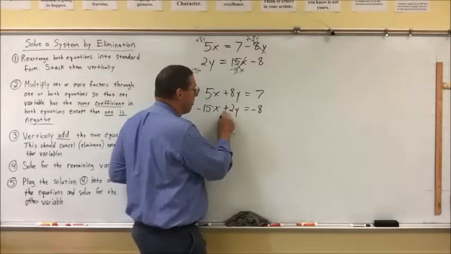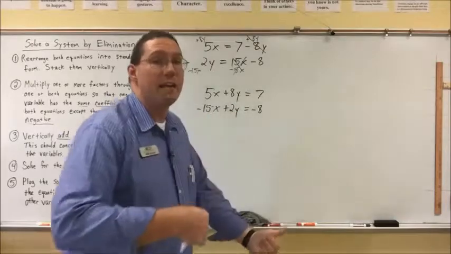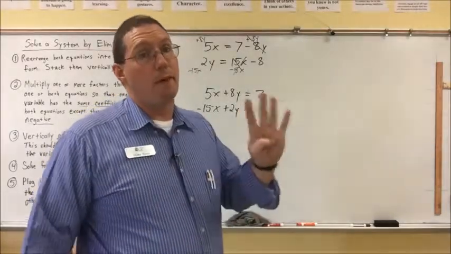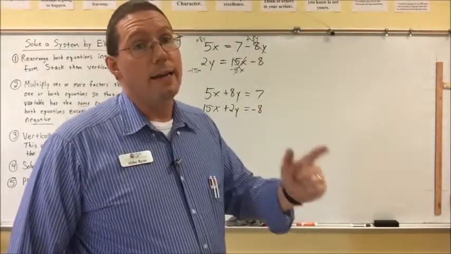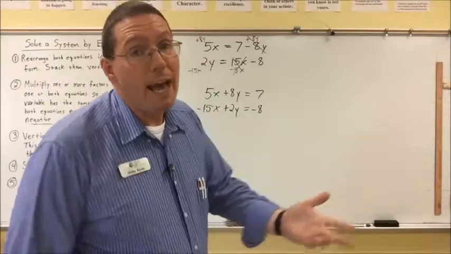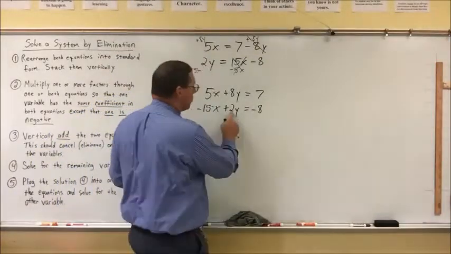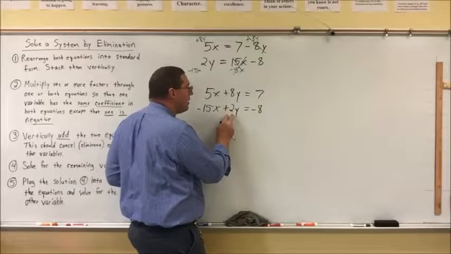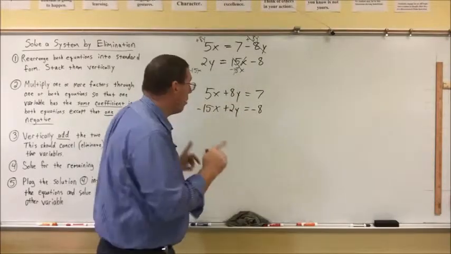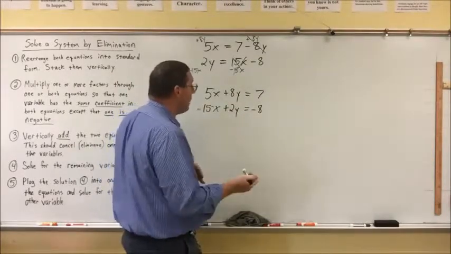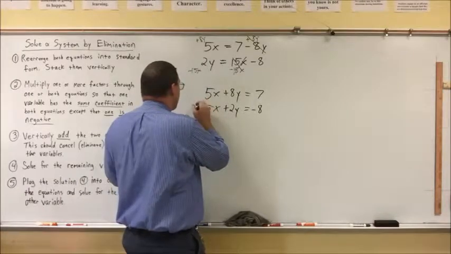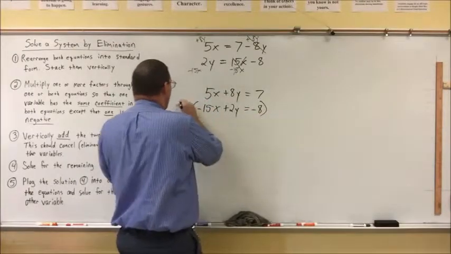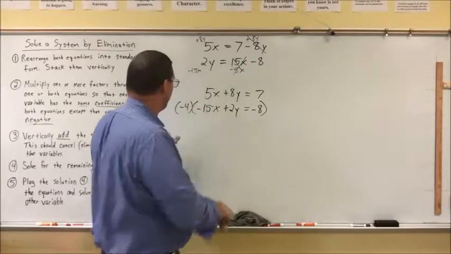So in order to turn this positive 2y into a negative 8, I'm not going to multiply by 4, I'm going to multiply by negative 4. Negative 4 times positive 2 is negative 8, and then I'll have what I need. So I think I'm going to go with the 8. I'm going to multiply this thing right here by negative 4.